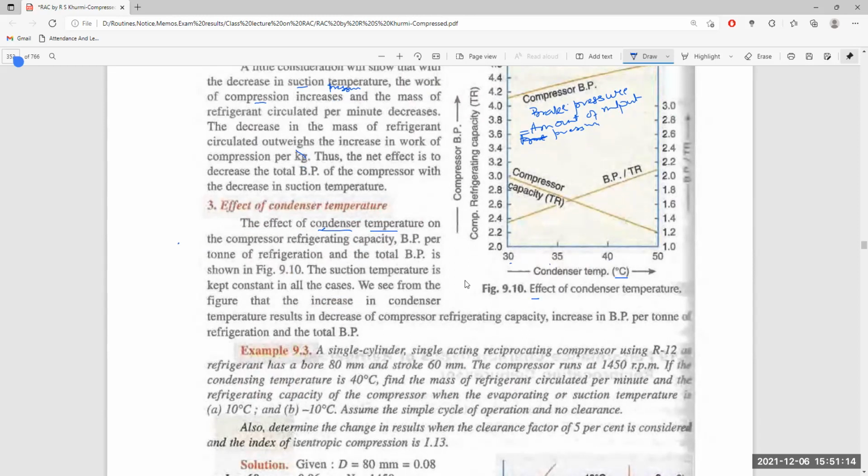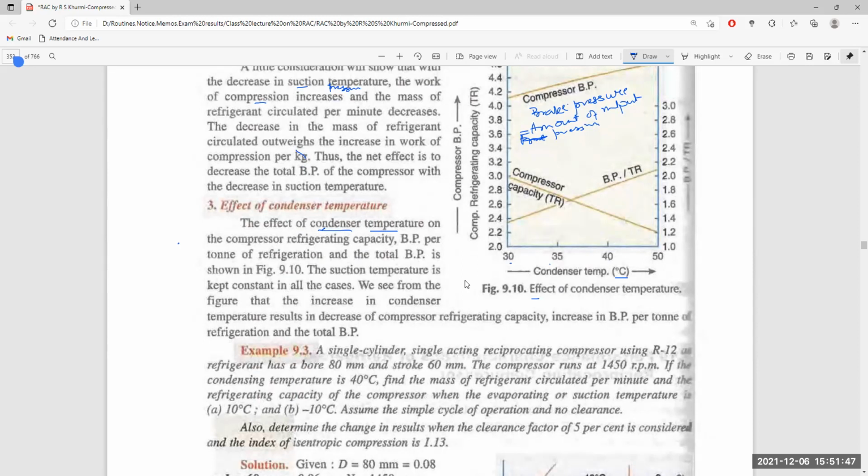Now, brake power. This is the brake power per ton of refrigeration, compressor capacity per ton, and the compressor brake power. The total brake power is shown here. Evaporator temperature is kept constant, so with the increase in condenser temperature, there is a decrease in the compressor refrigerating capacity.